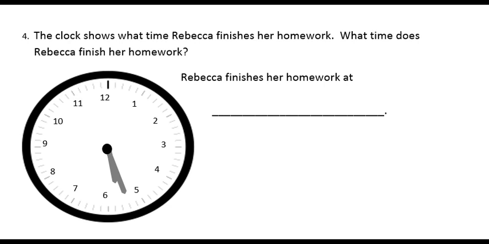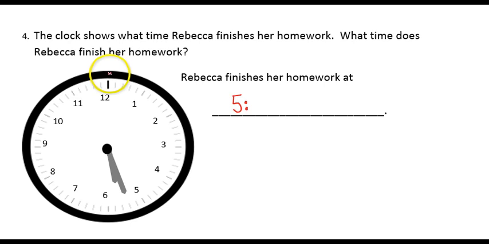Here it says that the clock shows what time Rebecca finishes her homework. What time does Rebecca finish her homework? If I look at the clock, it's in between 5 o'clock and 6 o'clock. So since it isn't quite 6 o'clock, we'll start with the 5. Now let's figure out how many minutes past 5 it is.